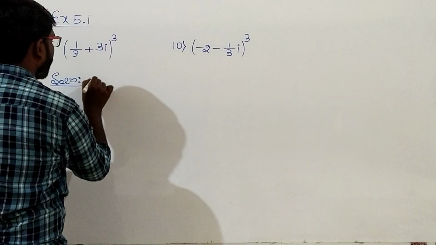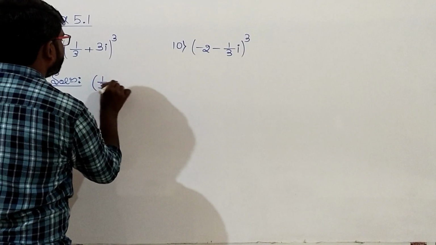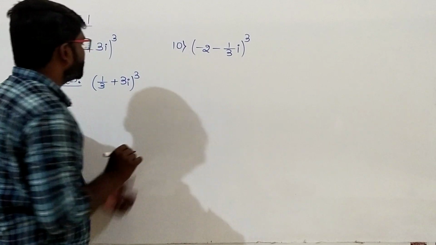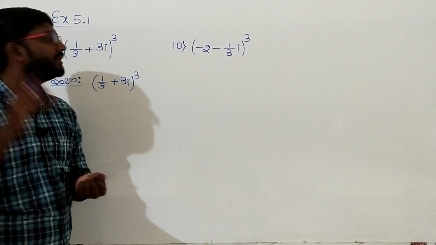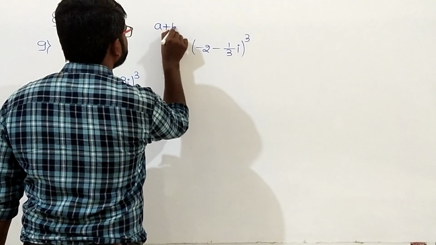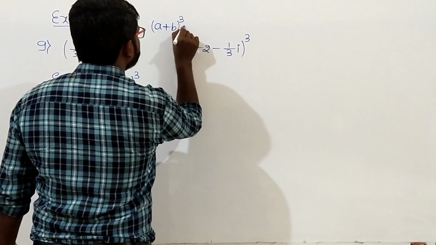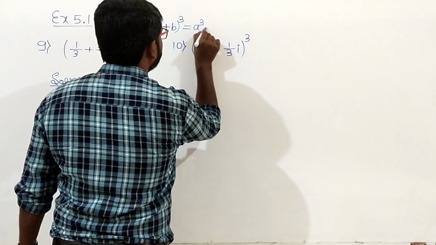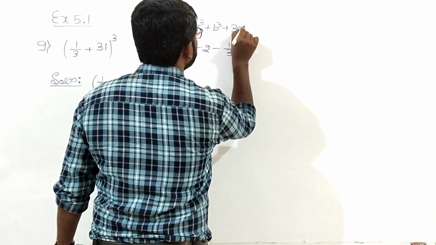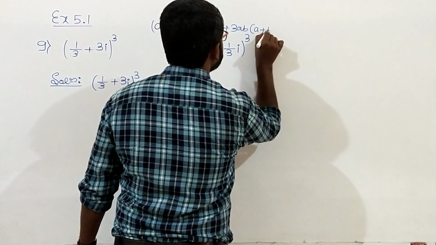So it is (1/3 + 3i) the whole cube. Now this is in the form (a + b) the whole cube. The formula for (a + b) the whole cube is a cube plus b cube plus 3ab into the bracket (a + b).